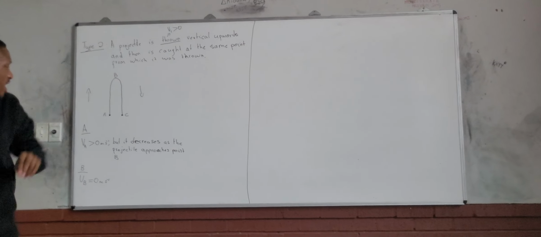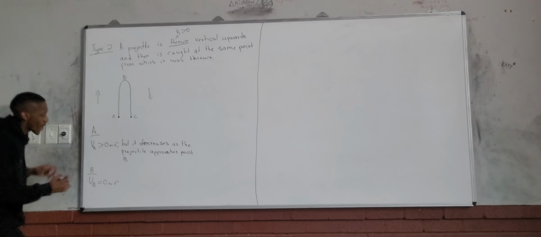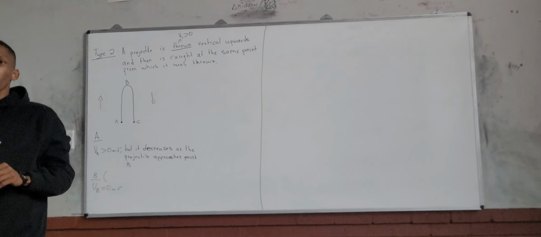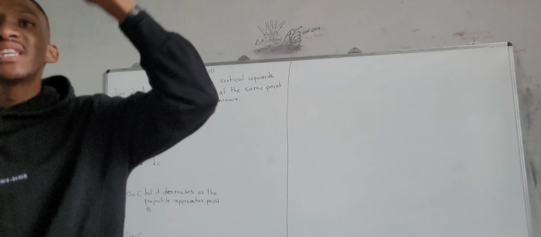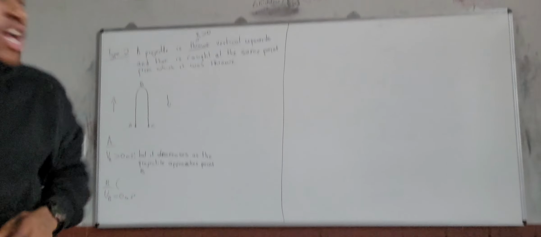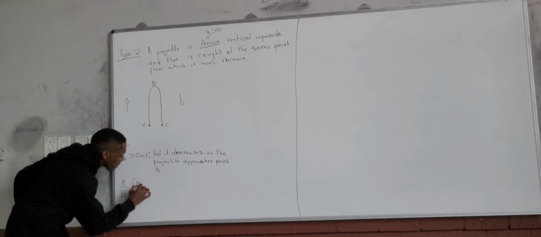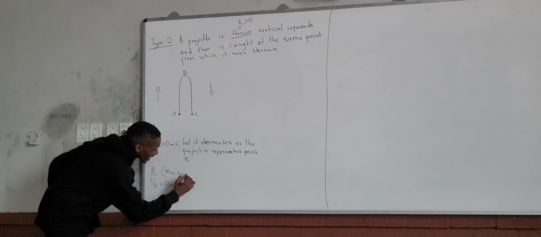At point B, and this point B of ours has a beautiful name. Point B, which is the highest point, where the object begins to change direction. We call this point the maximum height.